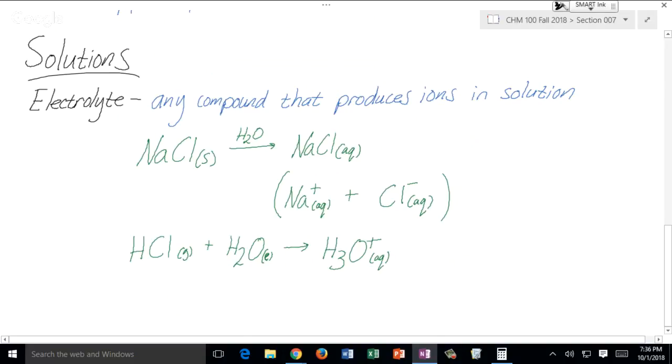But it makes this ion called hydronium, which is H3O+, and Cl-. So it's not splitting up in the same way that an ionic compound does, but it's still forming ions in solution, and so that's still an electrolyte.